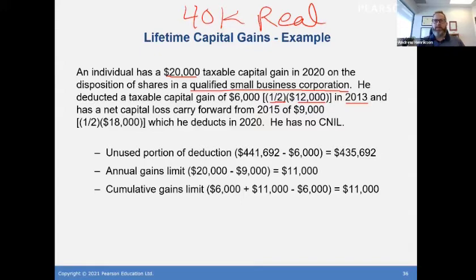So he had a little $12,000 gain and he ate up the $6,000 that would have been taxable using his lifetime capital gains. Also, we have a net capital loss carry forward from back in 2020 of $9,000. So that's those same net capital loss carry forwards we learned about last class. But we've got some of that sitting in the pot.